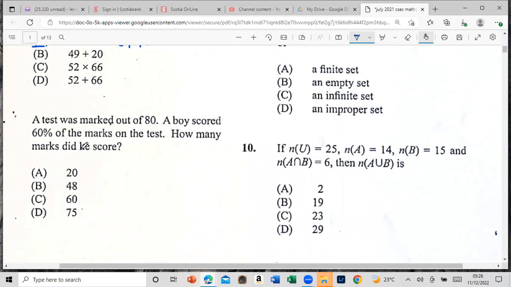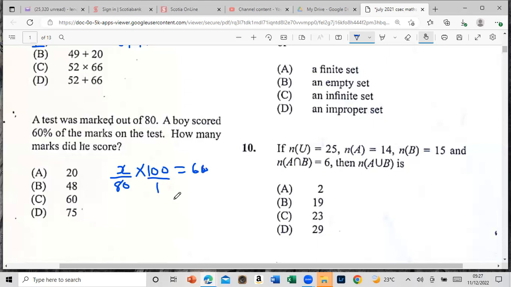So he scored some mark out of 80, so it will be x out of 80. Whatever you get out of 80 times 100% should equal 60. So we're going to multiply by 80 because it is the inverse of what's happening.